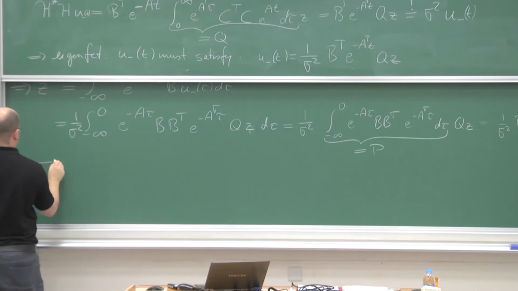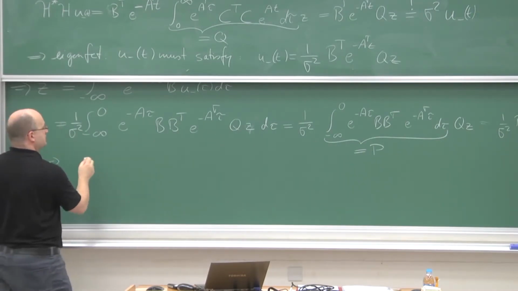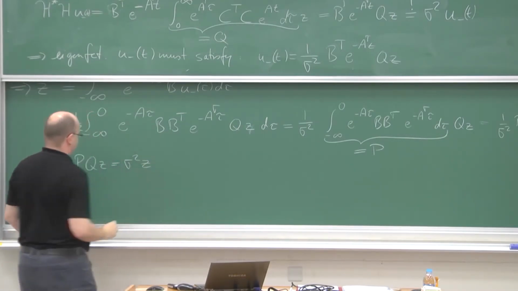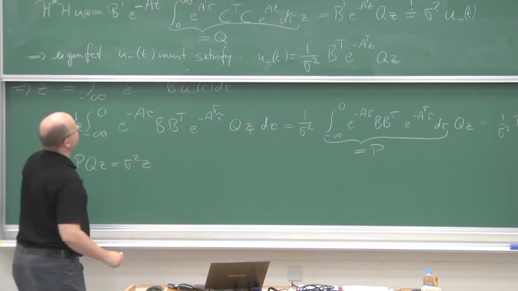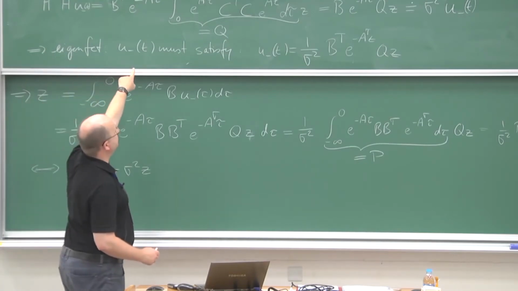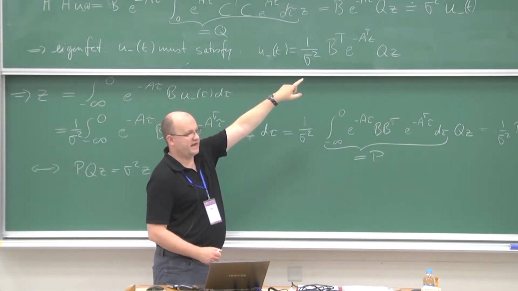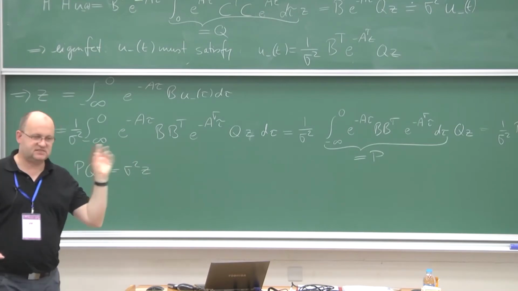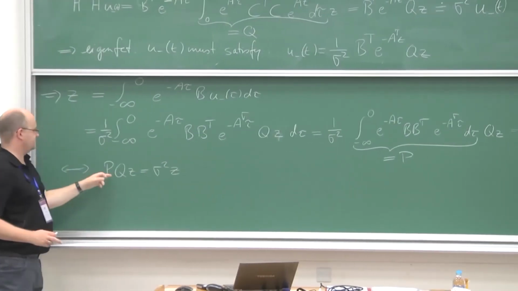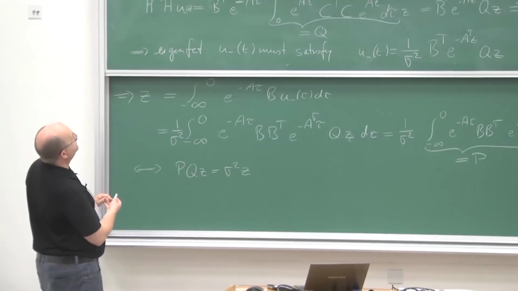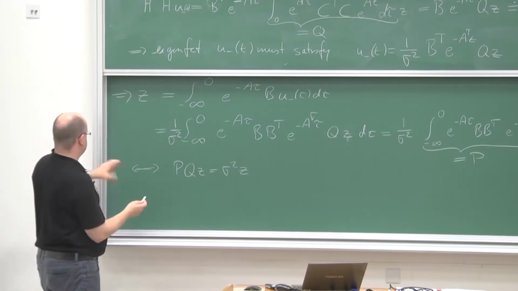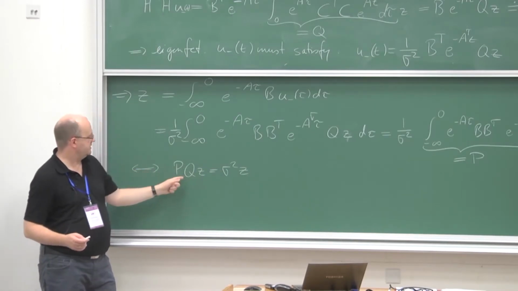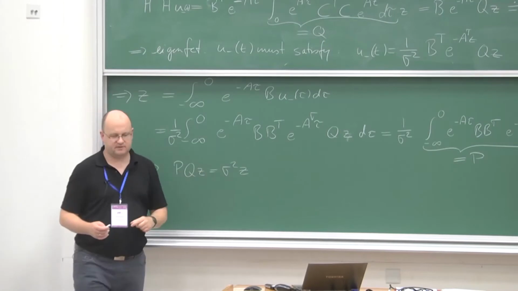Hence, sigma squared z equals P Q z. So what we have shown is, if we have an eigenfunction u minus corresponding to an eigenvalue sigma squared of the compact operator H star H, then this is an equivalence relation: this holds if and only if z is an eigenvector of the product P times Q corresponding to the eigenvalue sigma squared.